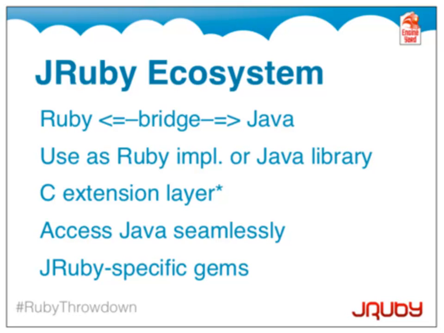Are there any big successes with the C extension layer, or well-known things that just will never work through the C extension layer? I think, as Brian will tell you, there are a couple of C extensions that do things that are very specific to MRI's internal layout that we probably won't be able to support on JRuby.